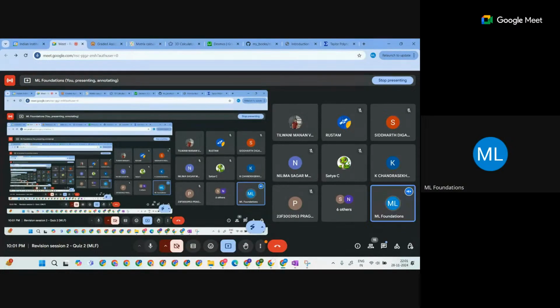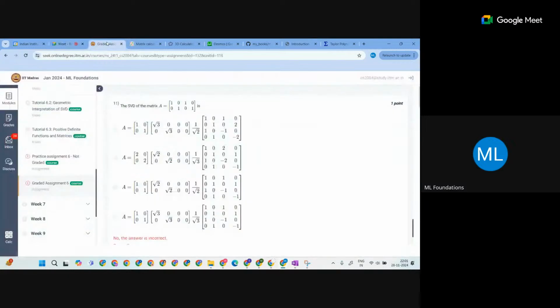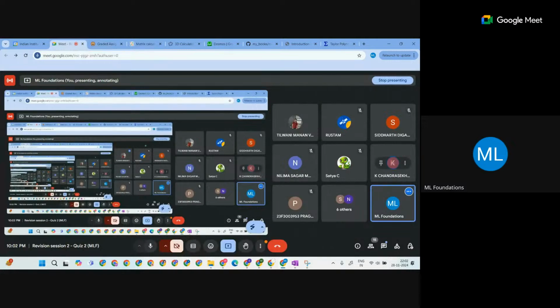In case of SVD, if we have to calculate the full SVD, you can use the trick I just discussed. Sometimes you can use this trick to avoid a longer calculation. I know you know the way, but sometimes doing the whole process is difficult, so use some tricks.